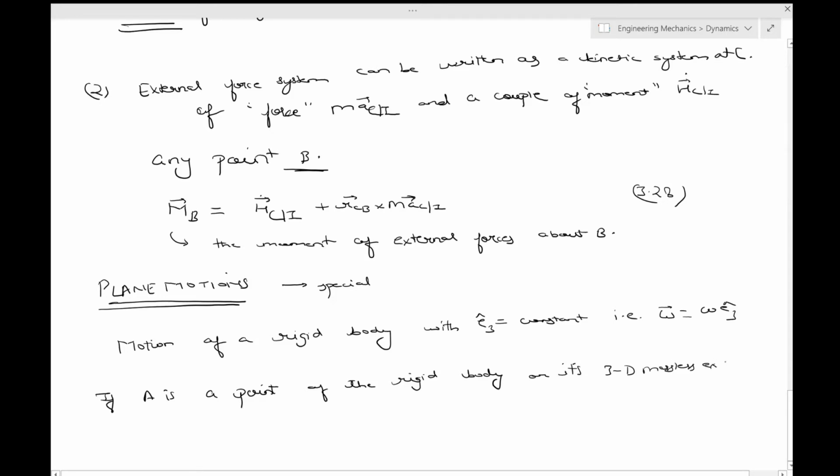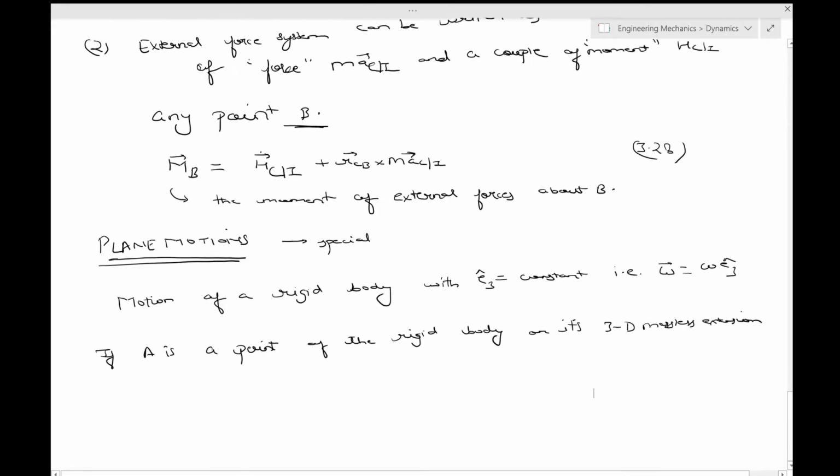We had already discussed why this 3D massless extension is allowed. If you do not recall, please go and check. You have to see the contribution of this massless extension, and then it would be clear that it doesn't really matter if it's a point on the rigid body or a point on the massless extension. Well, if it's not a massless extension, if it's just a normal extension, then perhaps we are not really sure.